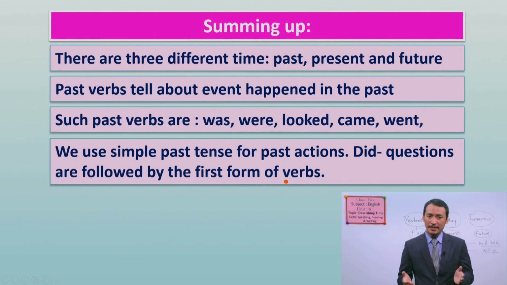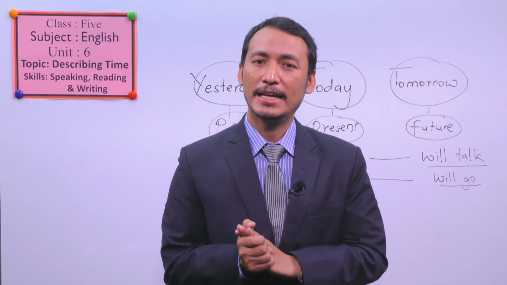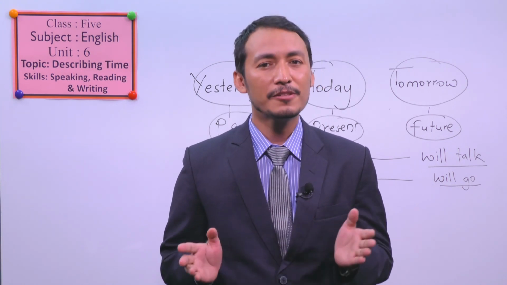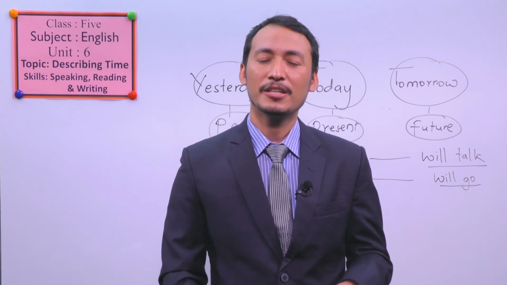As I said earlier, we can use did questions with the first form of the verb. We saw already, like, did you do your homework? Or did you eat rice? So here, do and eat are the first form of the verbs. So with did, you use the first form of the verb.